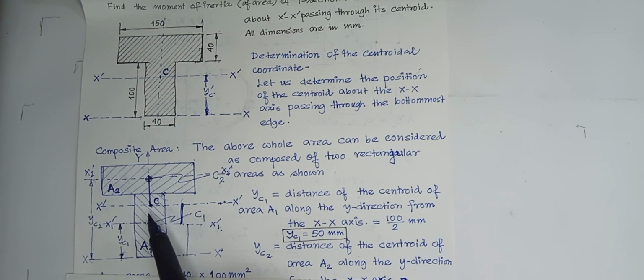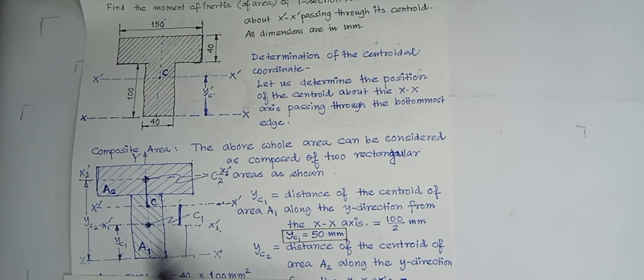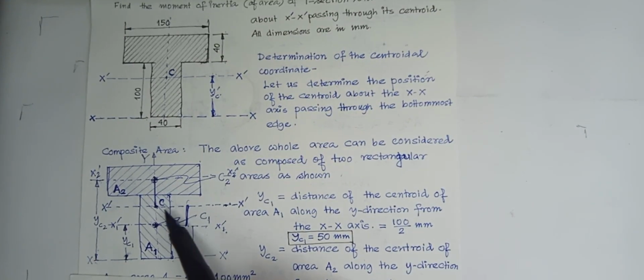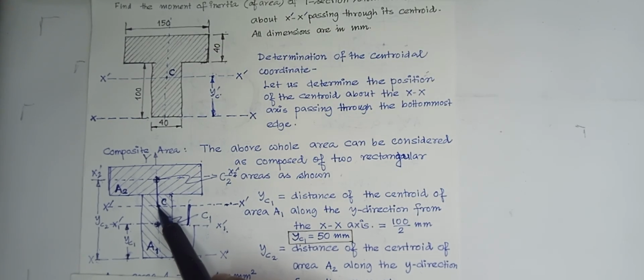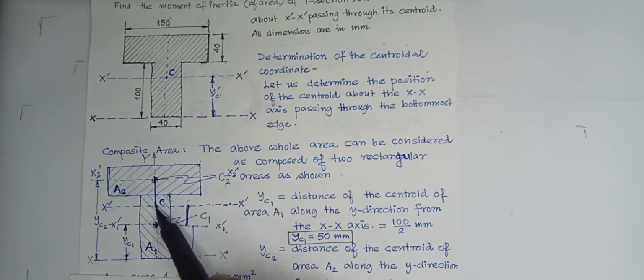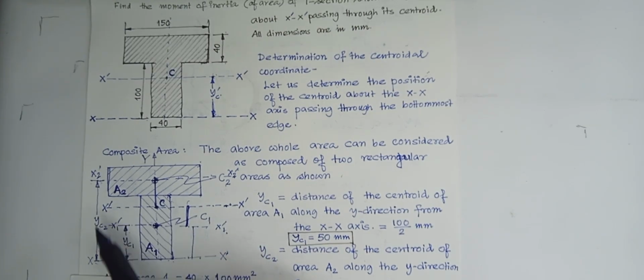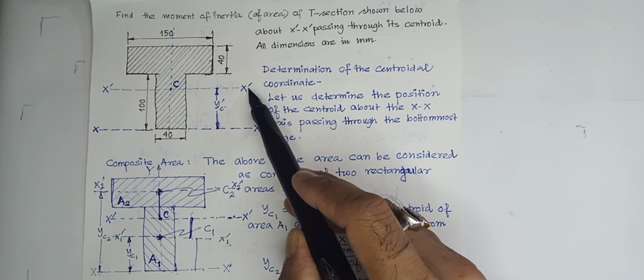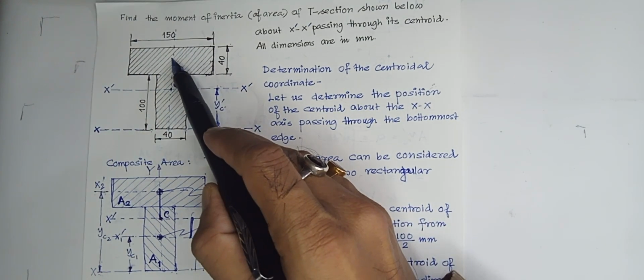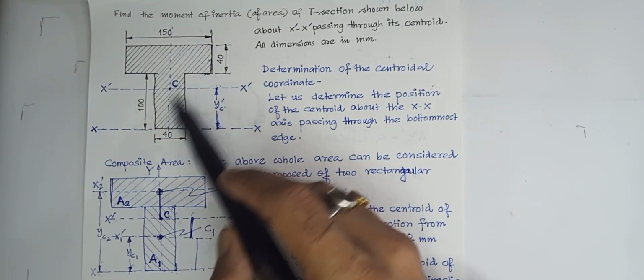Next, what? For the entire area, the centroid is at C. I do not know that yet, and the axis that is passing through it is x prime, x prime, just like here. So along with these two, I have considered two more centroids for the regular rectangles.